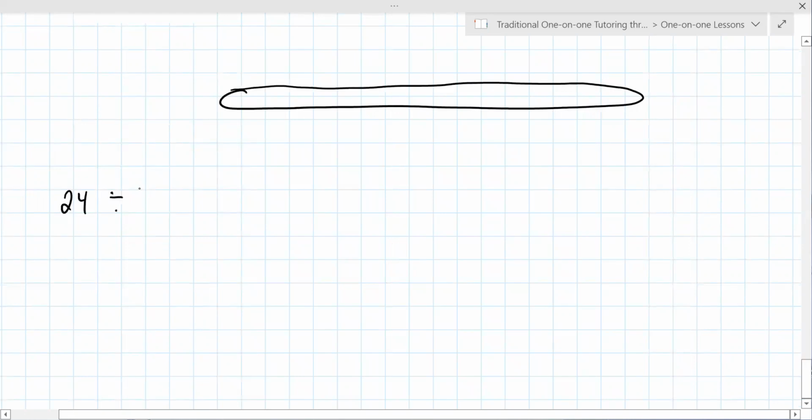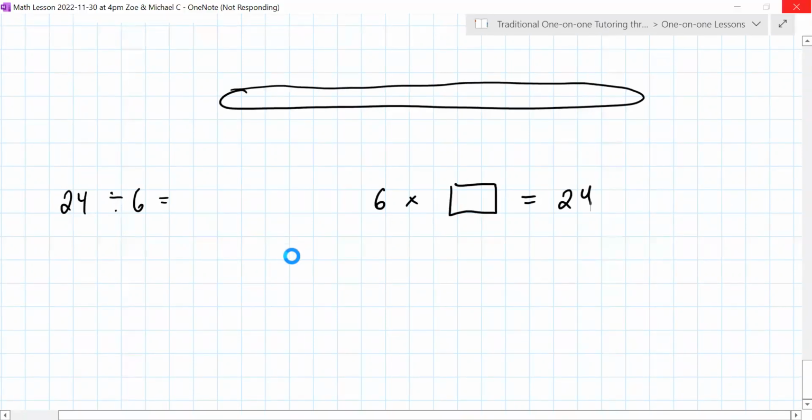Okay, let's look at another problem here. 24 divided by 6. This is the same as 6 times some number is 24. I'm just waiting for this to load on the screen.